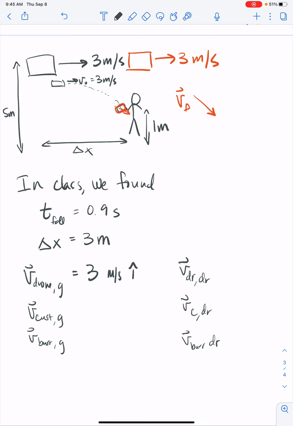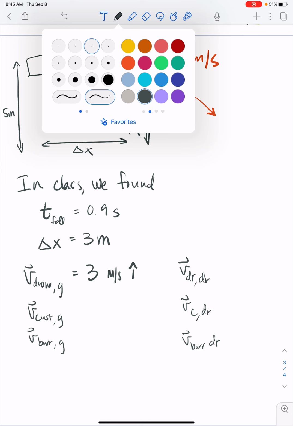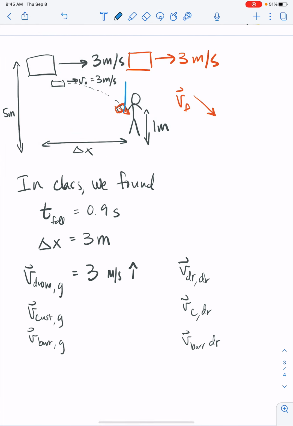Okay. And let's also formally define our coordinate system. We decided in class to draw a coordinate system in the ground frame where the origin was here at 0, 0.